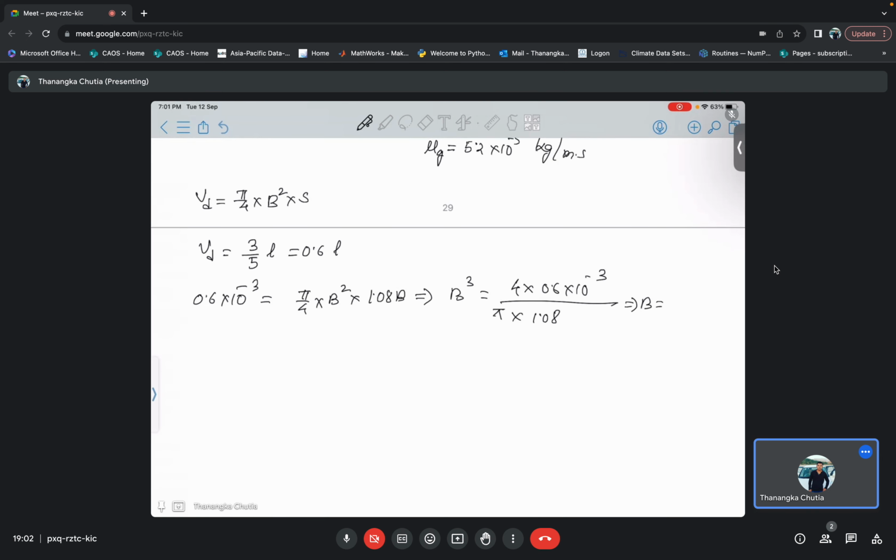That is 0.089 meter. So this is your bore diameter.